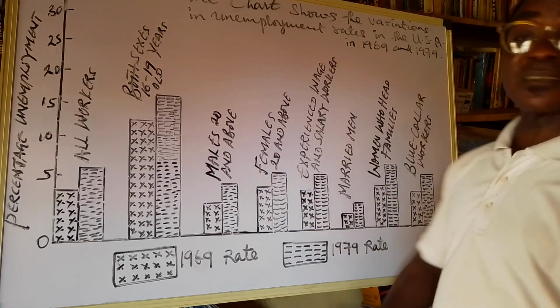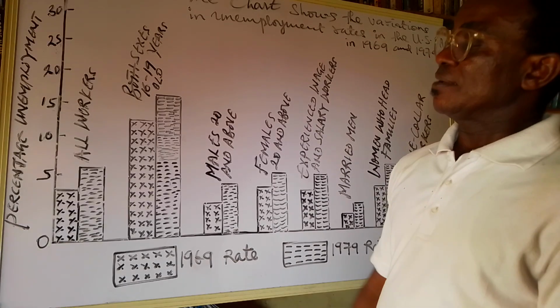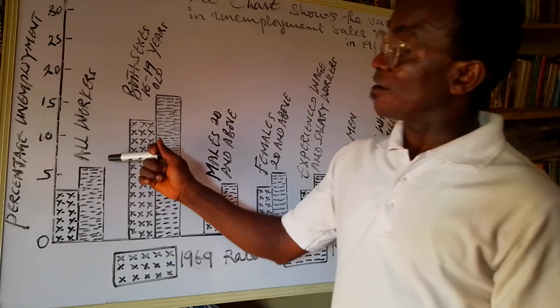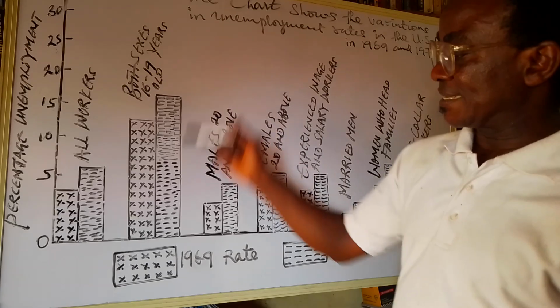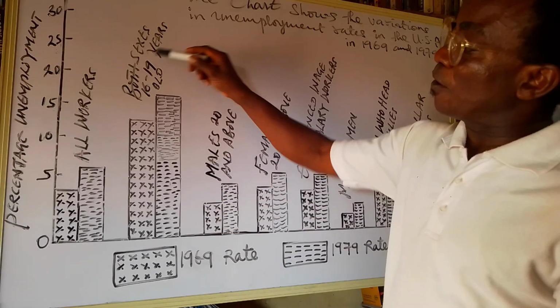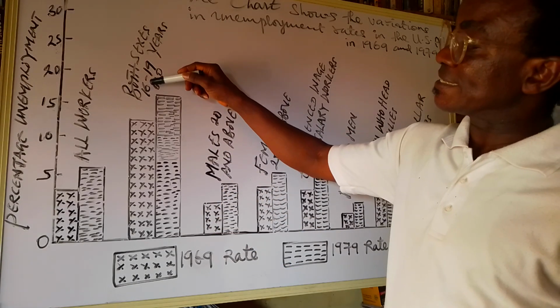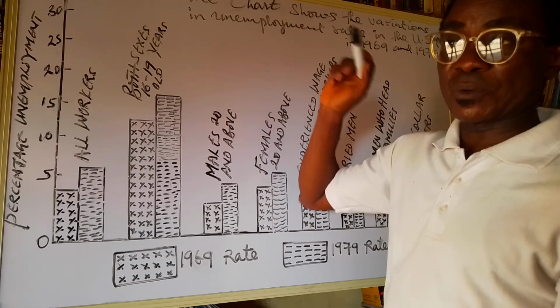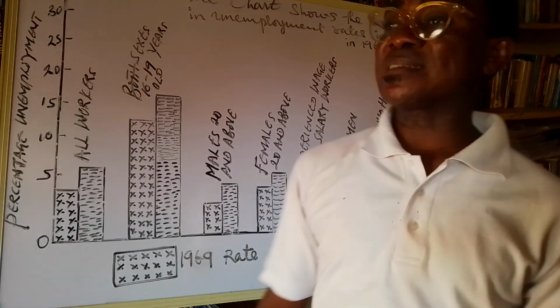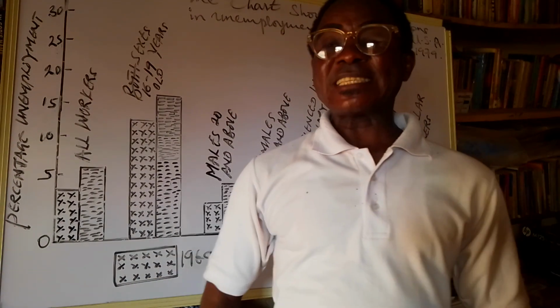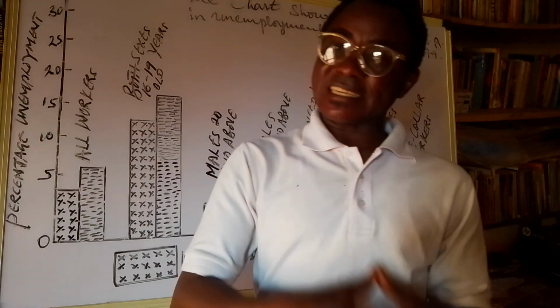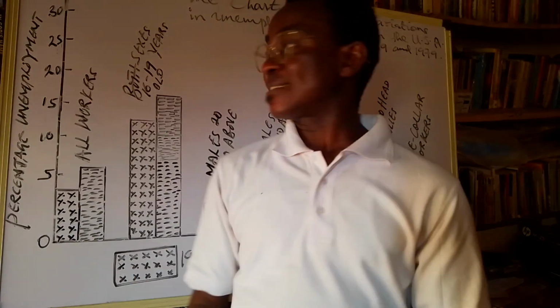The first group of bars stands for all workers. The second group stands for both sexes, 16 to 19 years old, that is, teenagers aged 16 to 19 years.